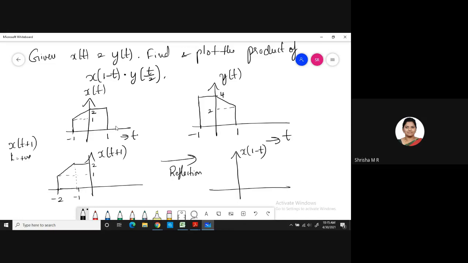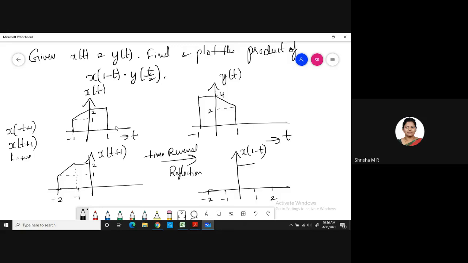So you have x of t plus 1. If you time reverse that, we'll get x of minus t plus 1, or 1 minus t. We are just time reversing. Time reversal or reflection. So from where to where will the signal exist? It will exist from 0 to plus 2.